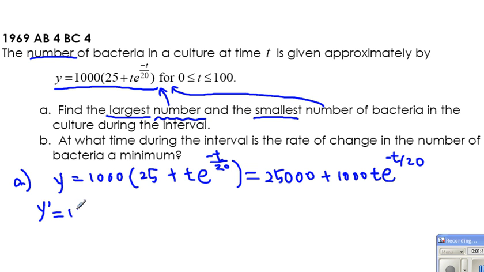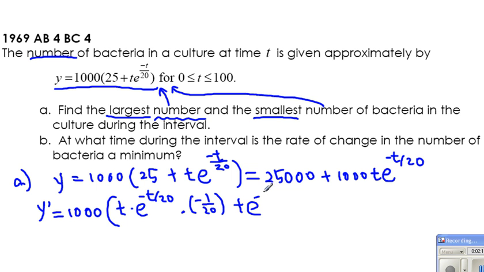So, here it goes. 1000 times t by itself times the derivative of the second portion, which would be e to the negative t over 20 multiplied by the derivative of the exponent, which is negative 1 over 20, plus the other portion, the second one, e to the negative t over 20 times the derivative of the first one, which is t by itself, which is 1.